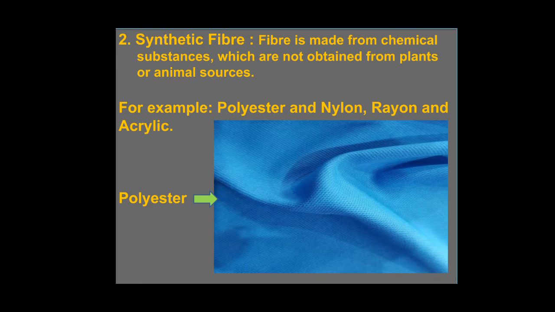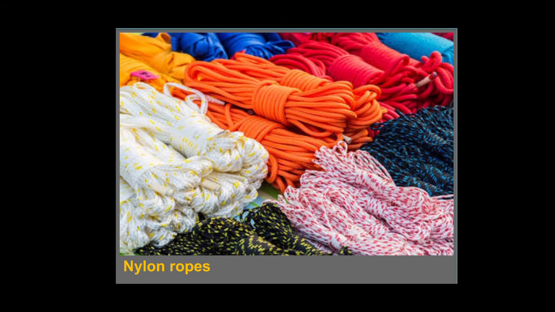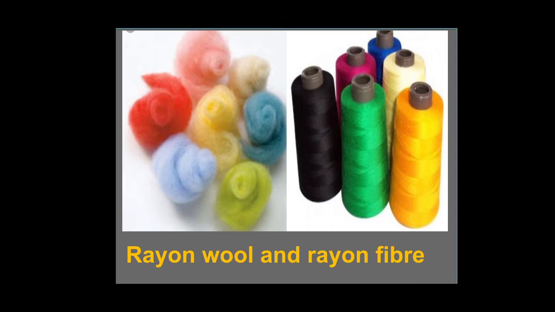You can see here the image of polyester. Next, you can see nylon ropes over here. You can find them in the market surrounding your houses, so you can easily spot these. Rayon wool and rayon fiber, you can also see in the tailor shop, or you can go to the shop where these fibers or threads are sold for making sweaters or any kind of garment.